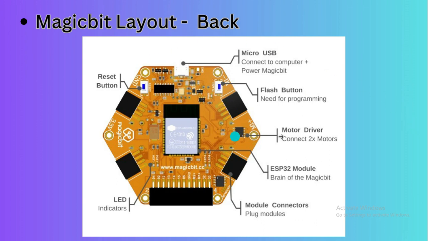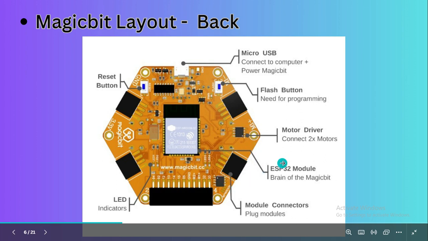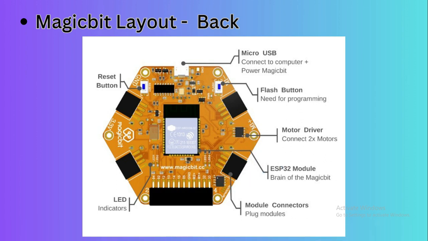If you go to the back side of it, in the middle, that silver color metal part is what we call the ESP32 microcontroller, which acts as the brain of the Magicbit. Just like we have a brain, Magicbit also should have a brain in order to function. There are 2 motor drivers included in the Magicbit, so you can control 2 motors using the Magicbit without using any external motor driver circuit. At the top there is a reset button, and the USB port is there to connect with the USB cable.